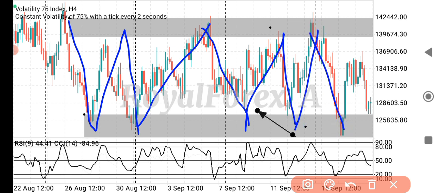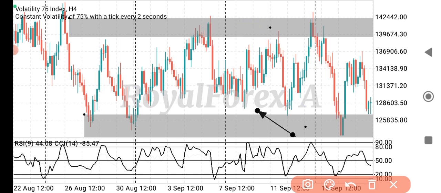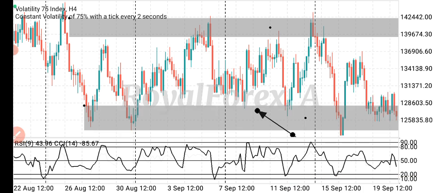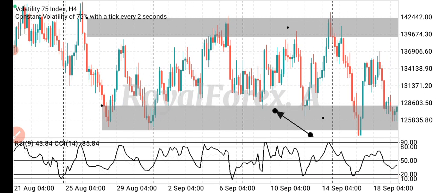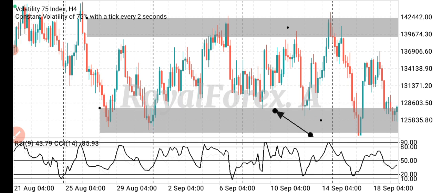So price couldn't break this support and here keeps resisting the price. So this is what we refer to as static support and resistance, and this can be found in a ranging market. Now the question is, how do we make an entry in this scenario?